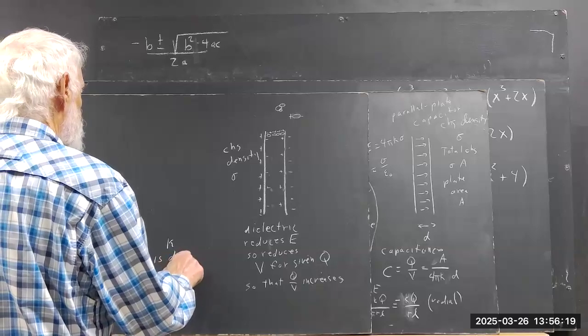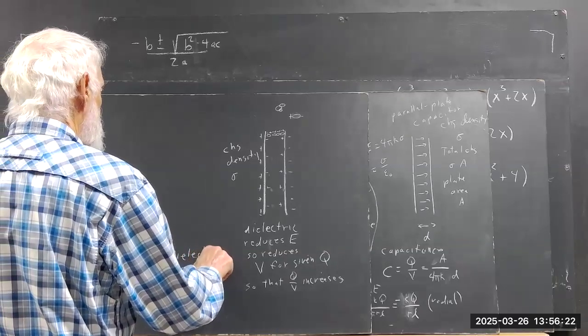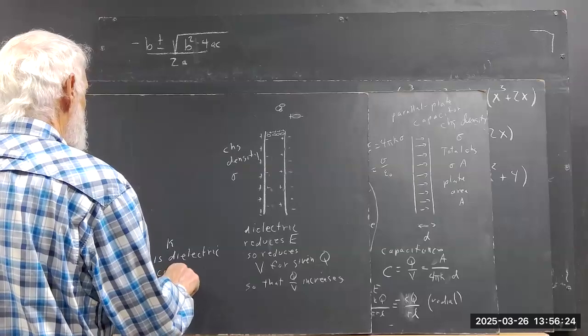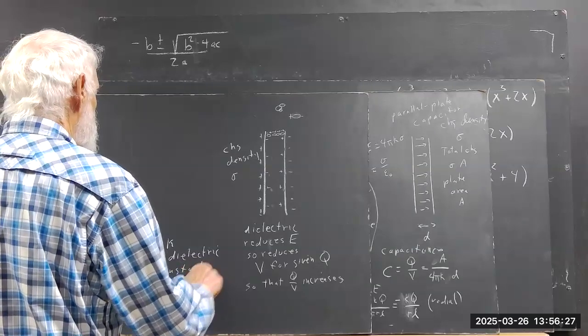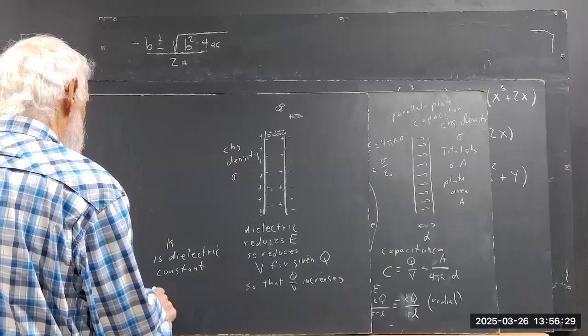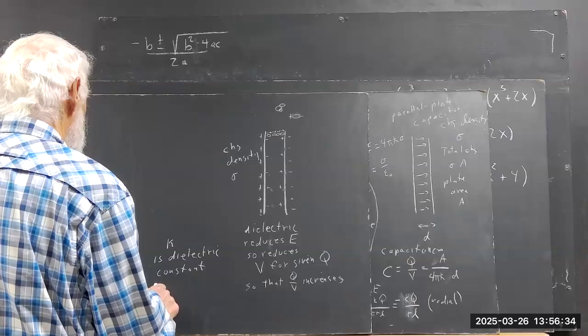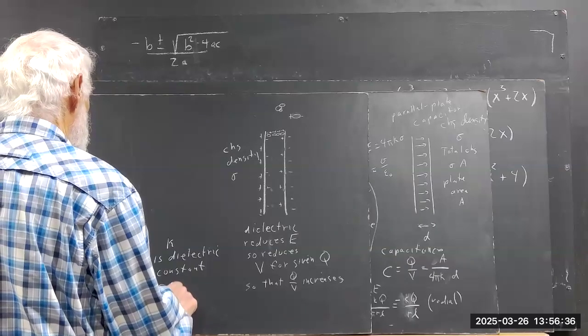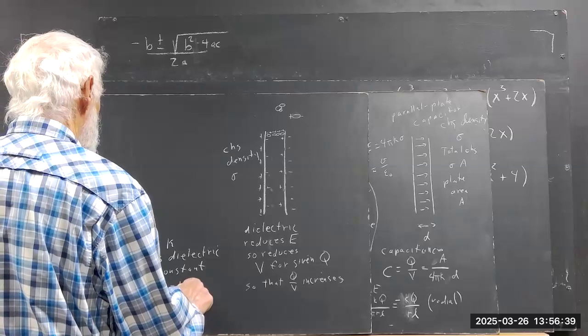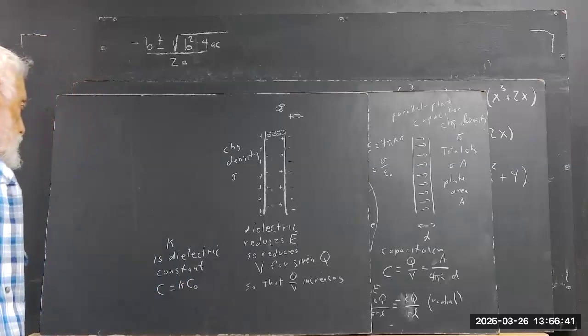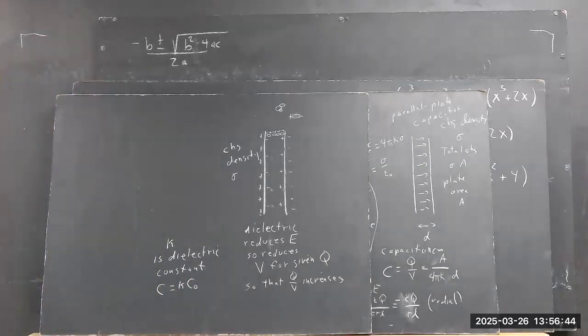Kappa is your dielectric constant. You can say something like C equals kappa times C naught, where C naught is the capacitance of an air capacitor.